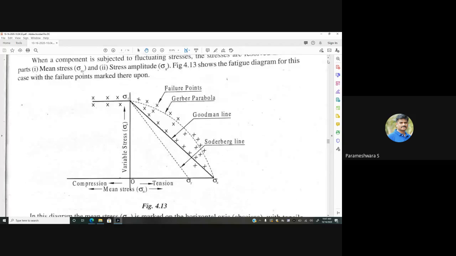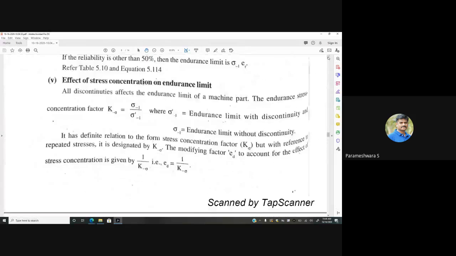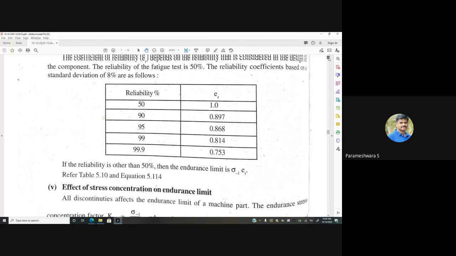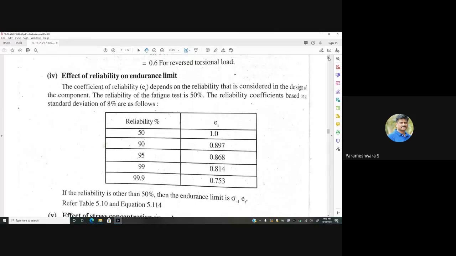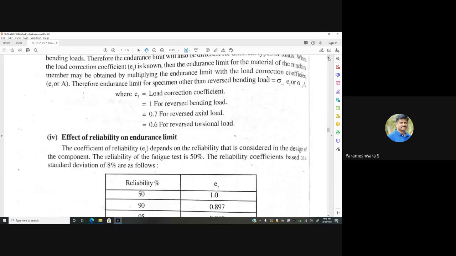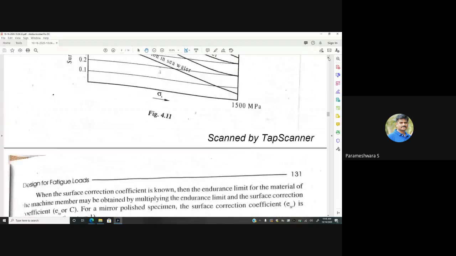So today what we have discussed is the definition of fatigue, and what this fatigue is, how it is differentiated from other kinds of loading: tensile loading, compressive loading, bending, torsion, and what is the behavior of the material with respect to the fatigue load. We have discussed with a graph which is plotted between the number of cycles versus the endurance limit.